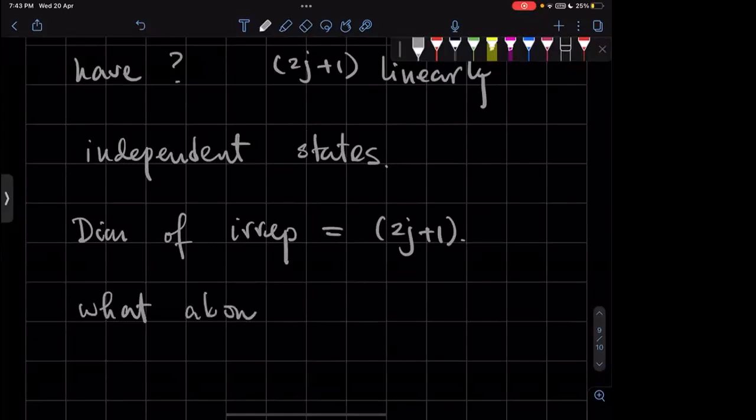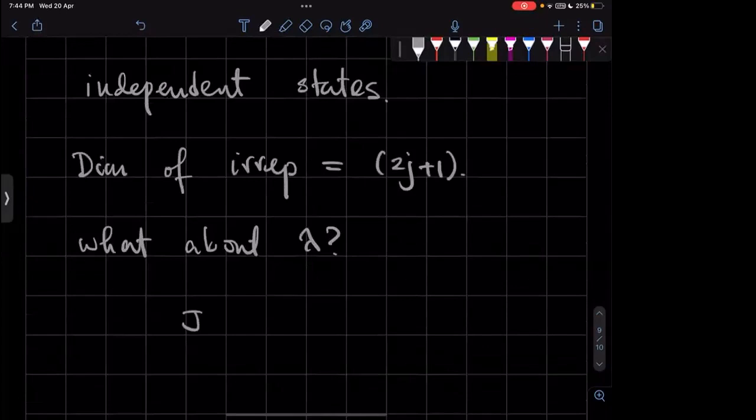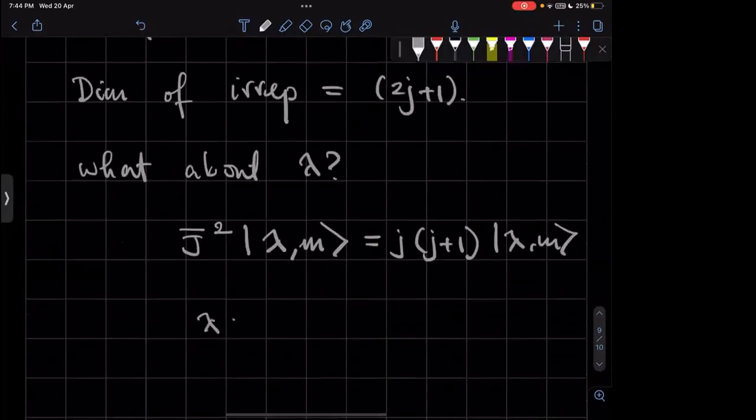Well, I leave it as an exercise for you to work out that J squared acting on lambda n is J(J plus 1) lambda n. In other words, lambda is J(J plus 1). Okay.